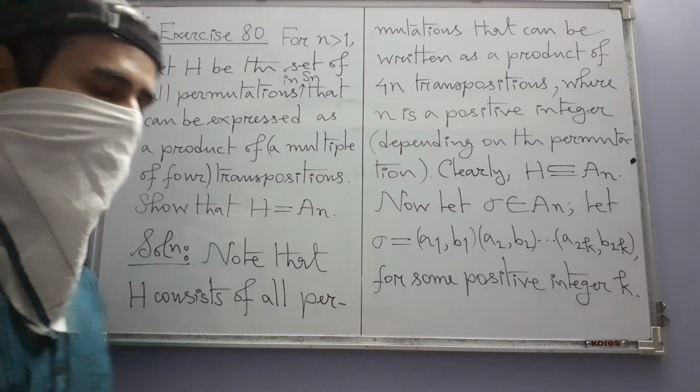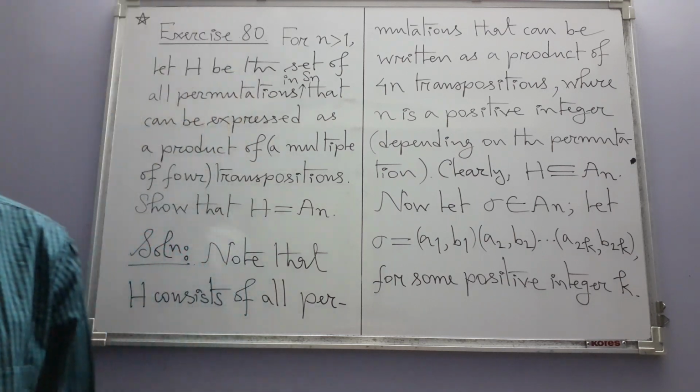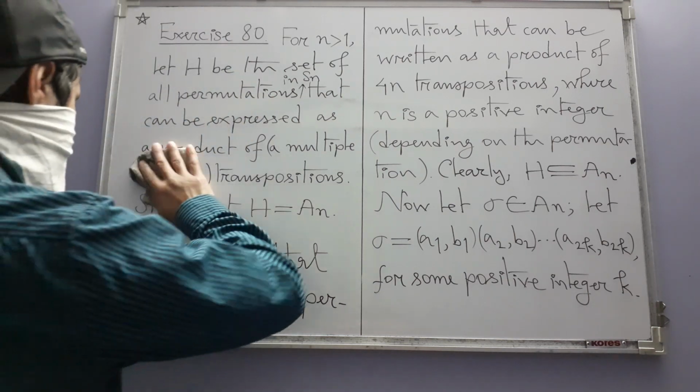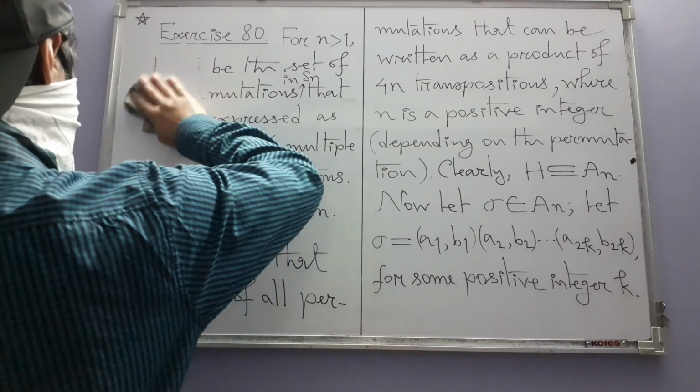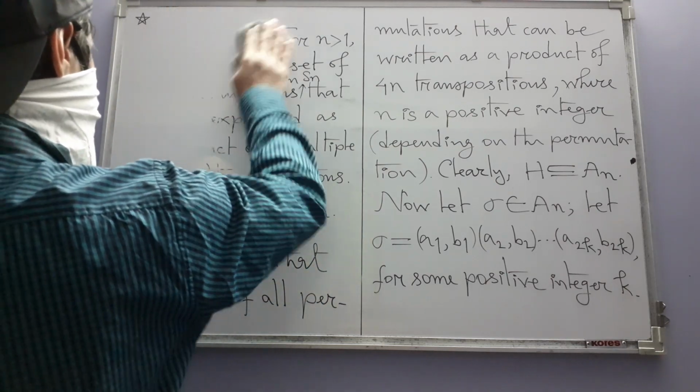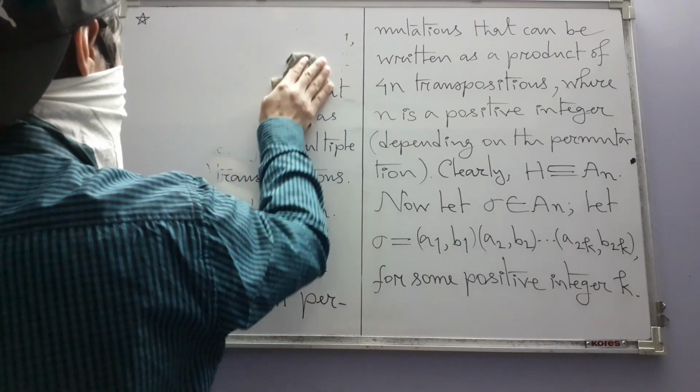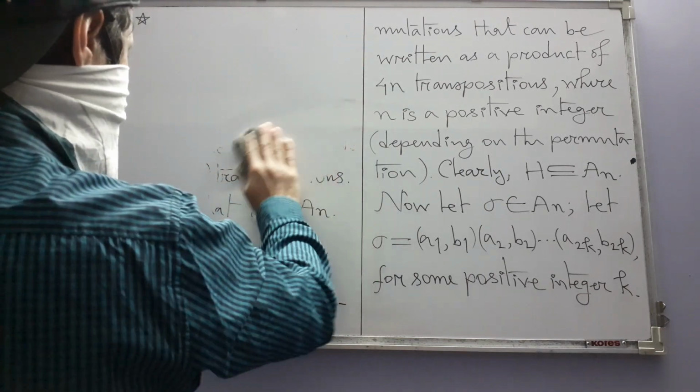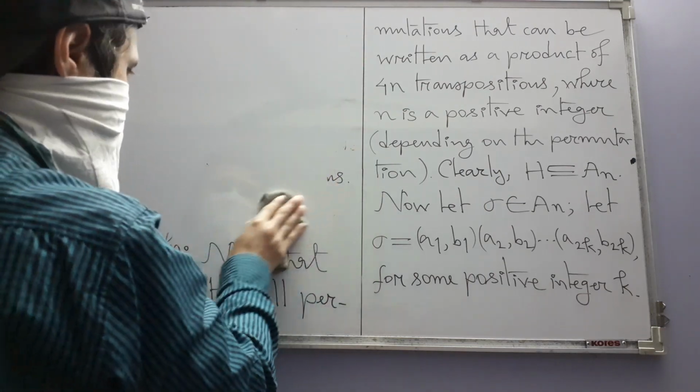Okay, so that is just a consequence of sigma being an even permutation. Now we need to prove that this sigma is actually in the set H.